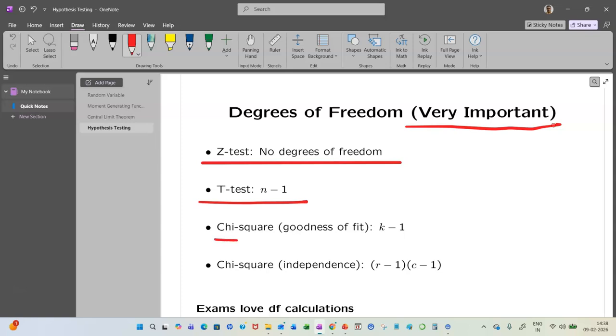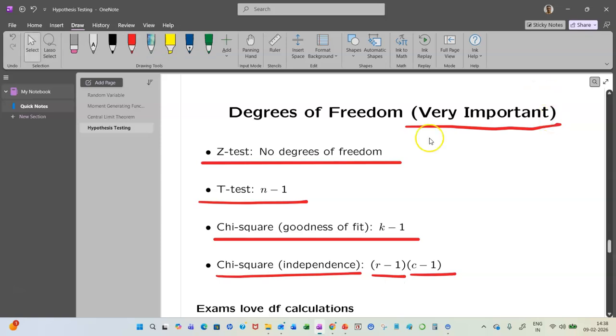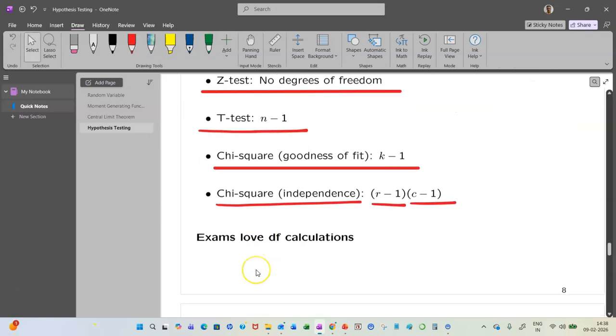For chi-square goodness of fit, the degrees of freedom is k minus 1, where there are k categories for which we are testing the goodness of fit. For chi-square testing independence, the degrees of freedom is r minus 1 into c minus 1, where r is the number of rows and c is the number of columns. So these are the important degrees of freedom we need to remember.